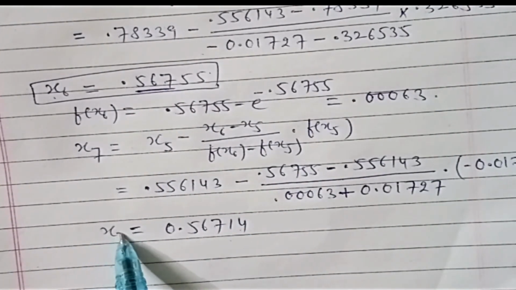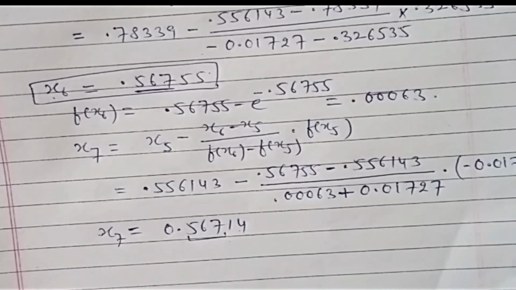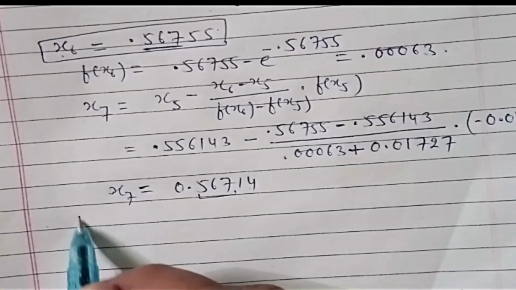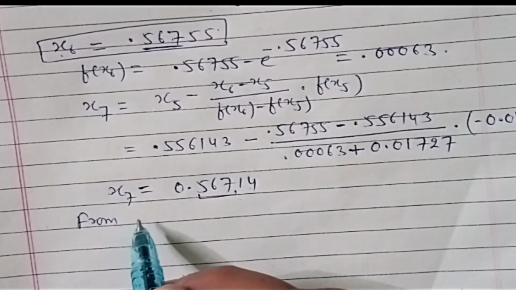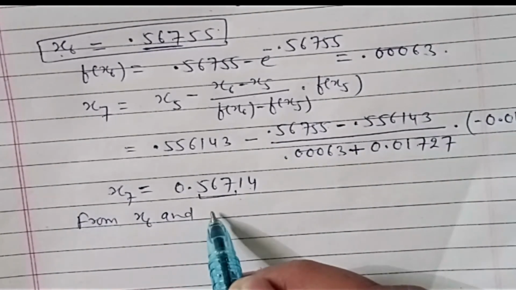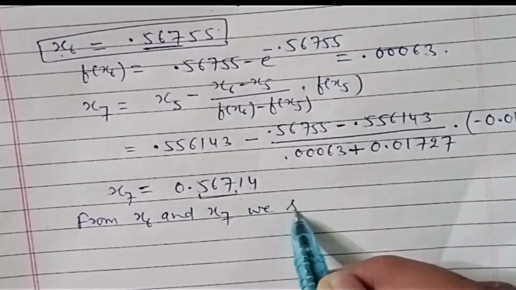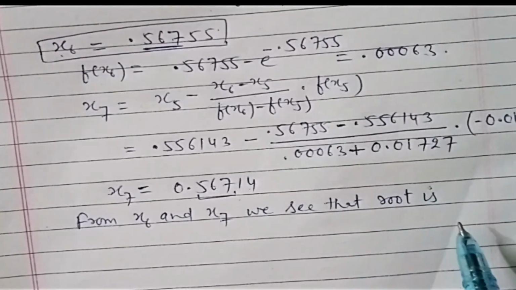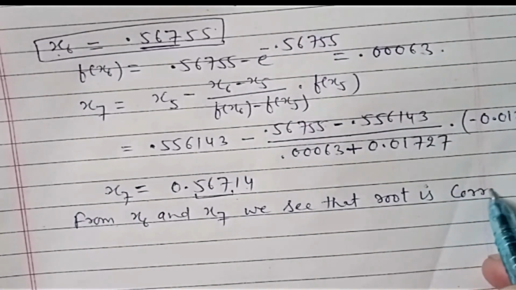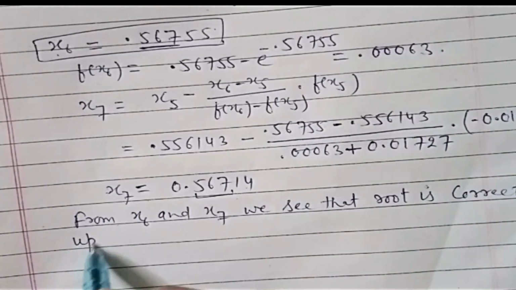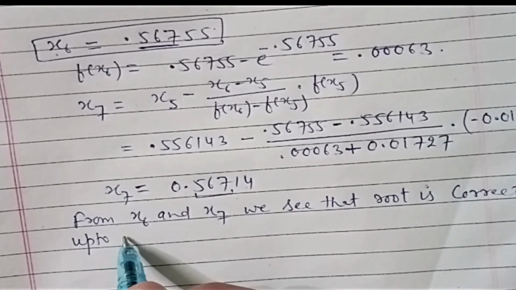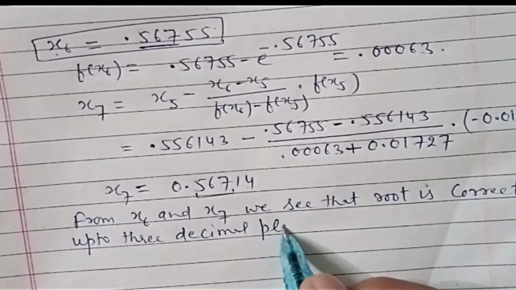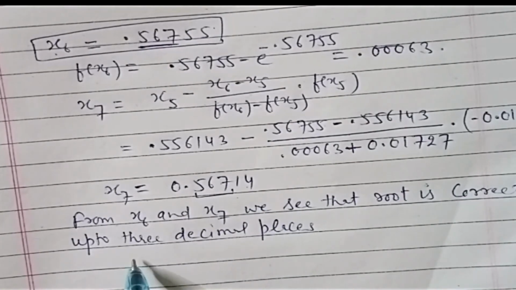So from x6 and x7 we see that the root is correct up to 3 decimal places.